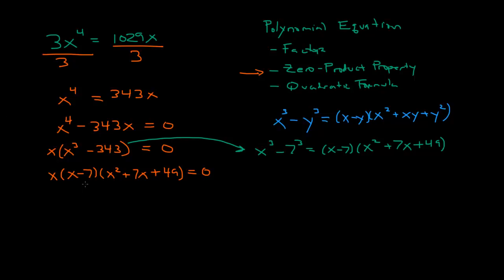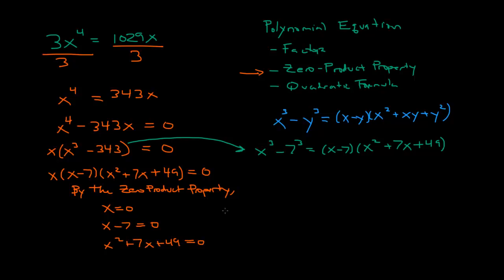So here we go. By the zero product property, now sometimes that's called the zero factor theorem, there's lots of names for it, we can say either x equals 0, x minus 7 equals 0, or x squared plus 7x plus 49 equals 0.